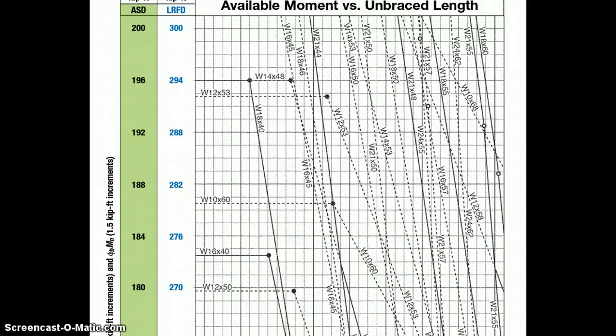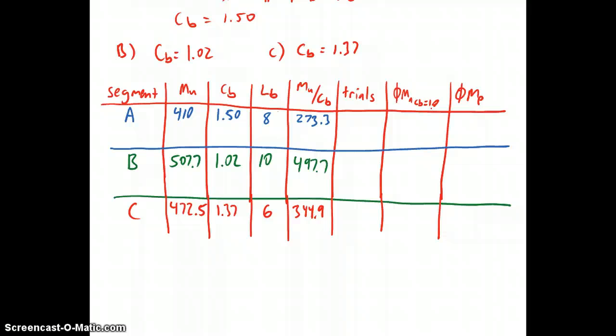And that first solid line that I hit is going to be a W21 by 44. And when it hits that line and I go across to the left, I find the value of moment to be about 298. So I'm going to go back to my chart here and document that. So a trial is 21 by 44, and I get 298 kip feet.